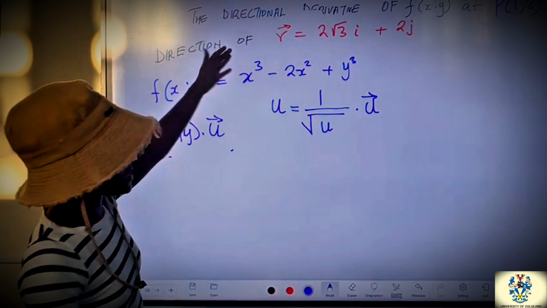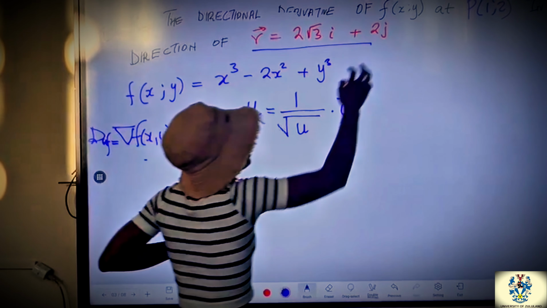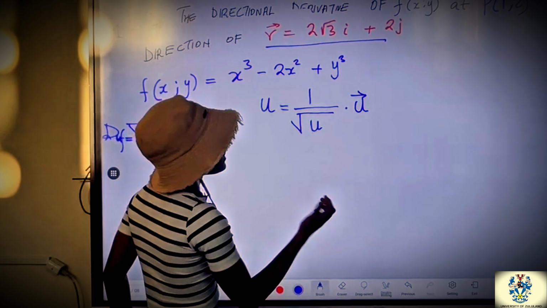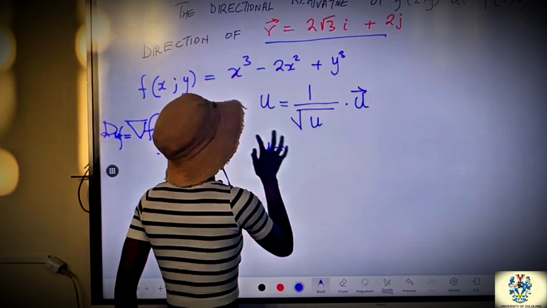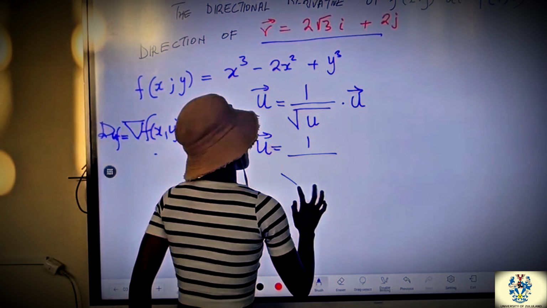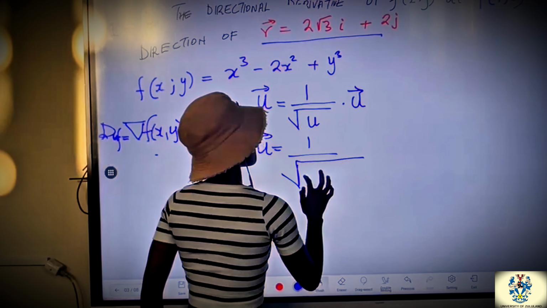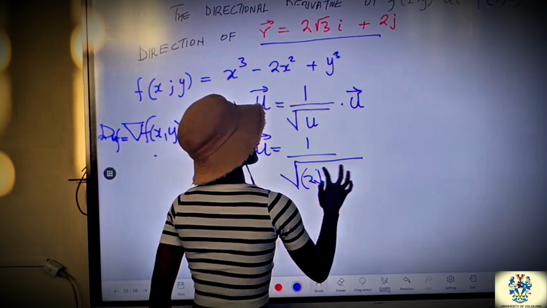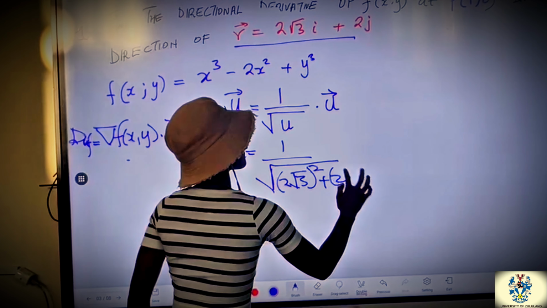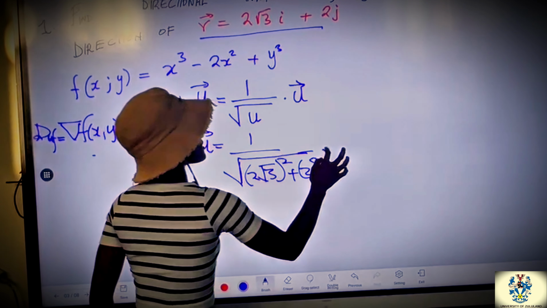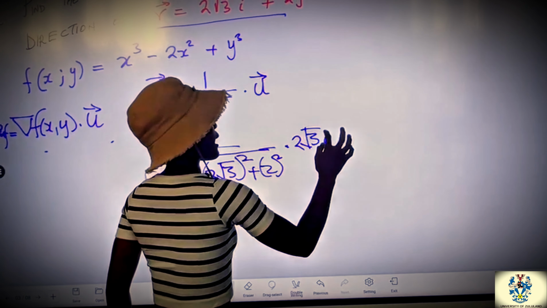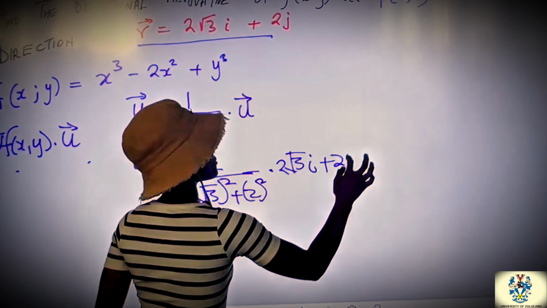Here we are given the vector, so let us calculate our unit vector. u is equal to 1 over the magnitude, which is the square root of 2 square root 3 all squared plus 2 squared, multiplied by the vector, which is 2 square root 3 i plus 2j.